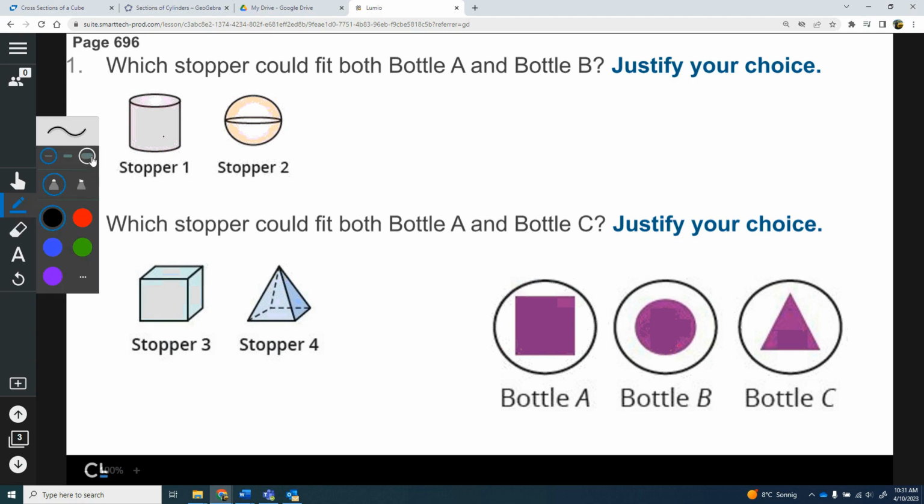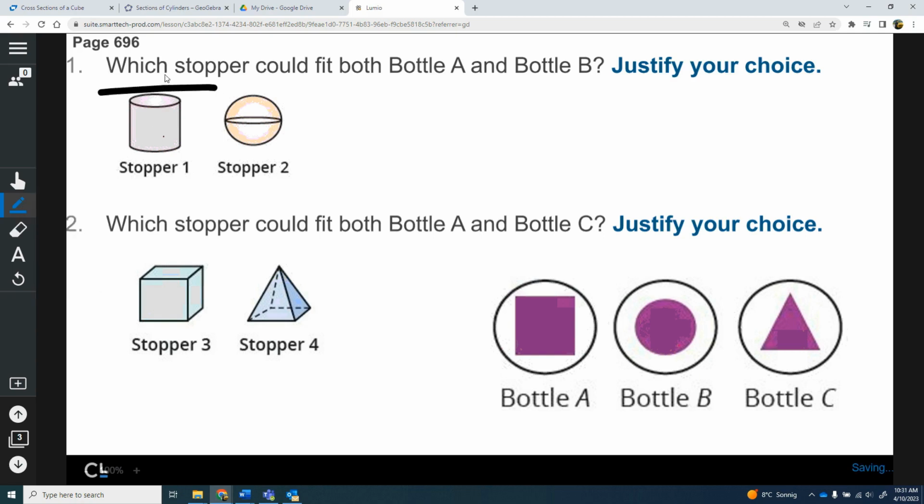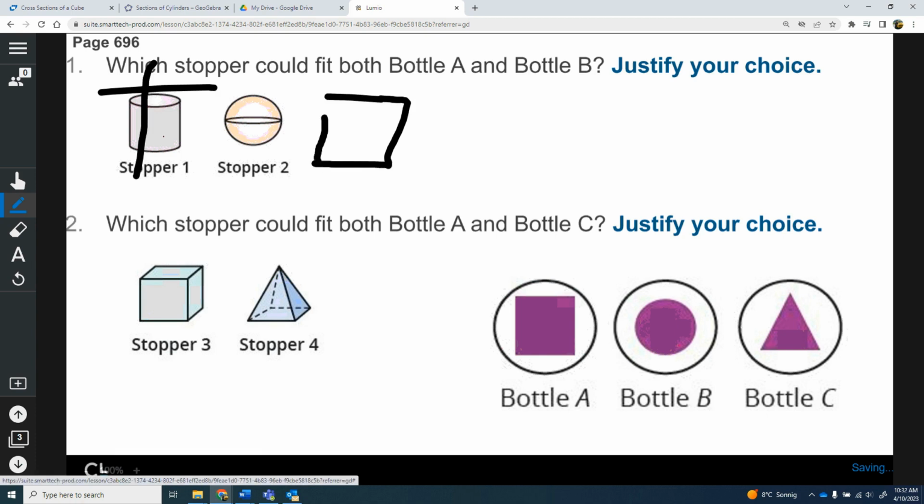Well, if I take the cross section this way, it's going to be circular. But if I take the cross section this way, it could become a square. So a square cross section would easily fit into bottle A. So stopper 1 goes into A and B. But stopper 2 goes only into B.